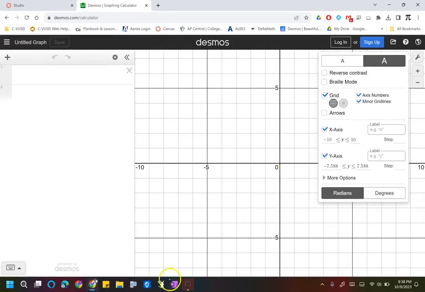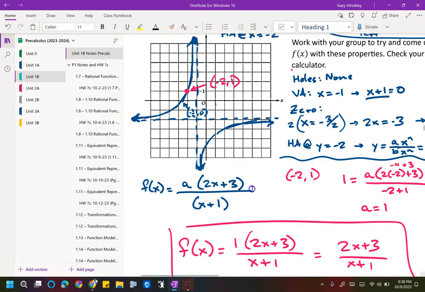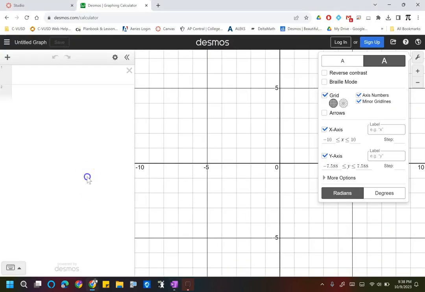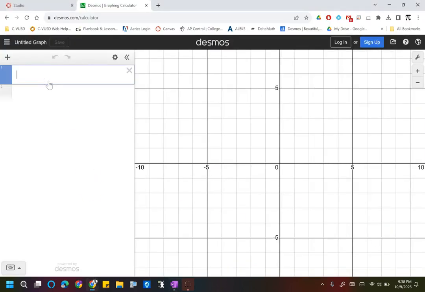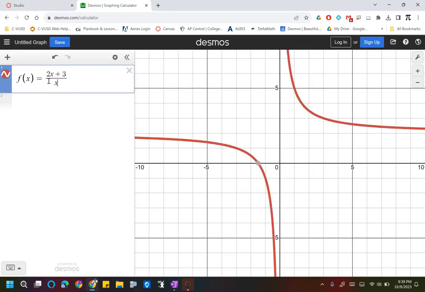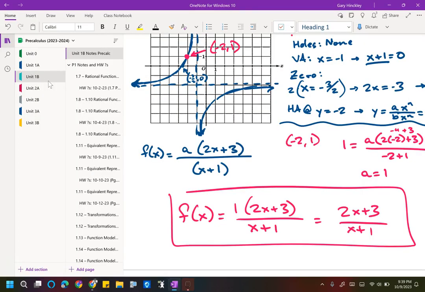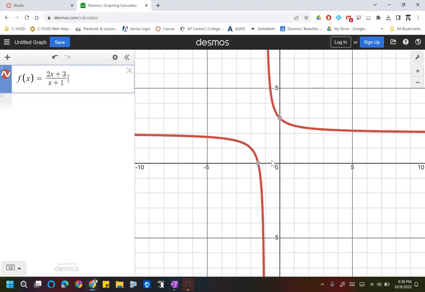So let's go ahead and put in what we have. That came out to 2x plus 3 over x plus 1. So f of x equals (2x plus 3) over (x plus 1), right? Oh, so looking at all this is why my graph doesn't match.